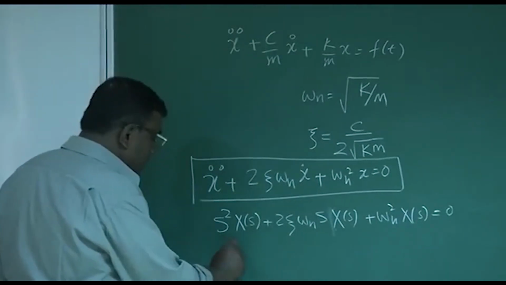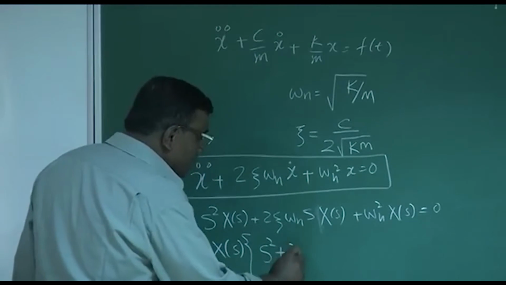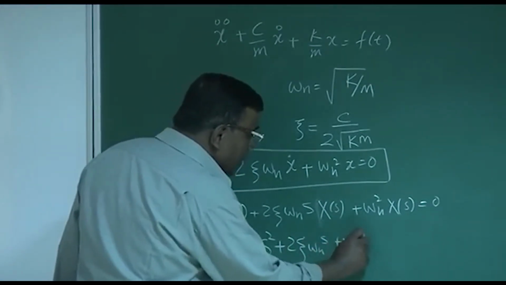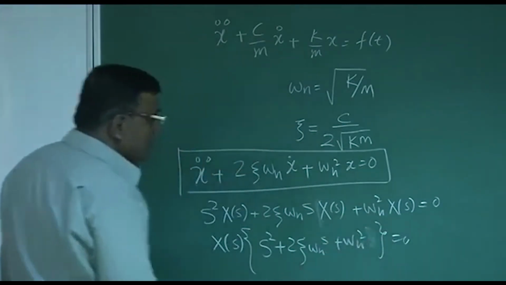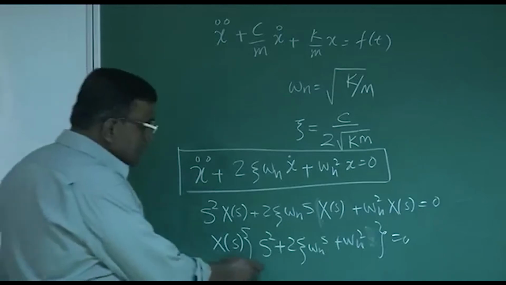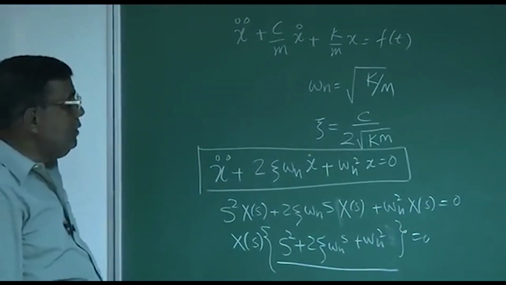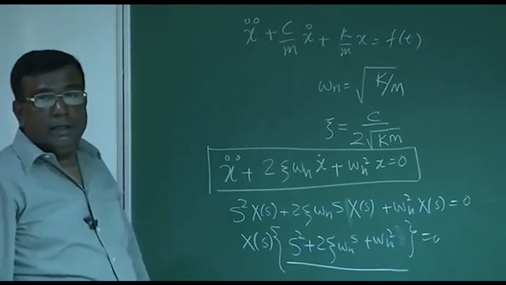So our equation becomes s square plus 2 zeta omega n s plus omega n square equal to 0. Okay. So this equal to 0 is our characteristic equation for a second order system in Laplace transform using the definition of zeta and omega n.